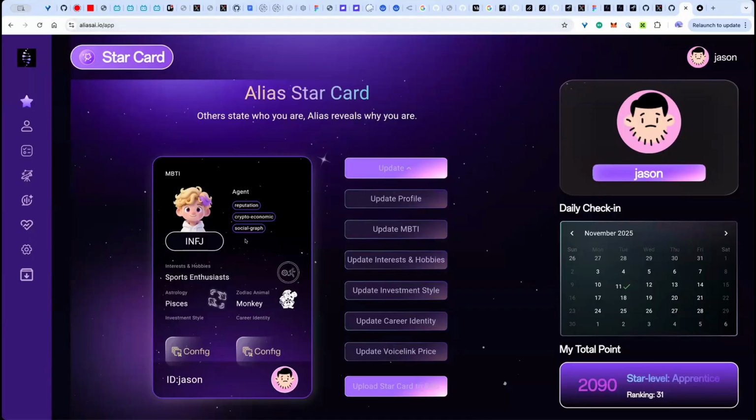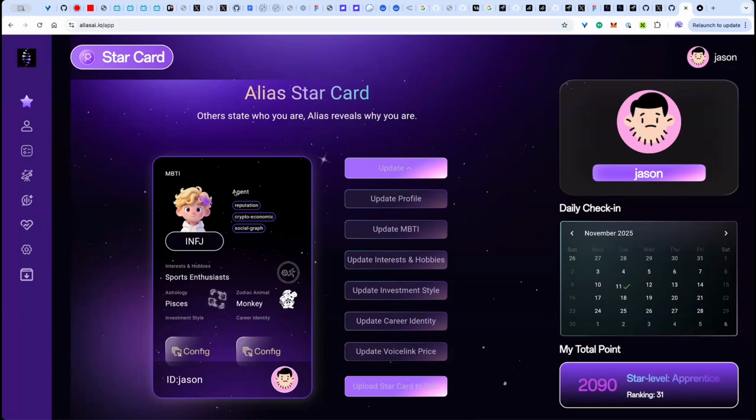We collect information about everyone's character, like your hobbies, interests, astrology and MBTI, and you can register your whole information as your identity, and you can register it as an ERC-8004 ID.